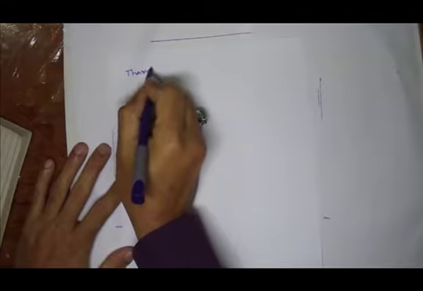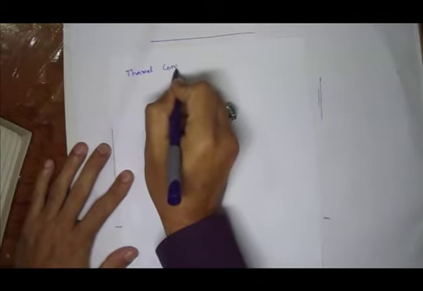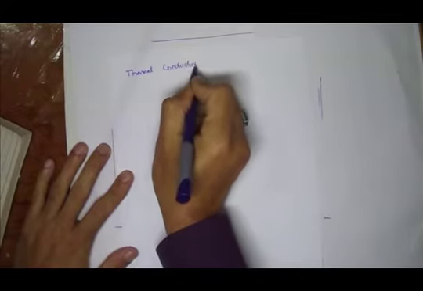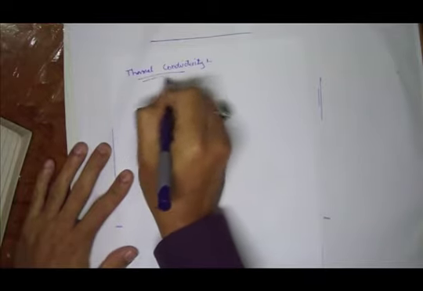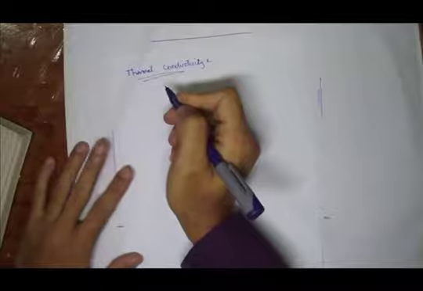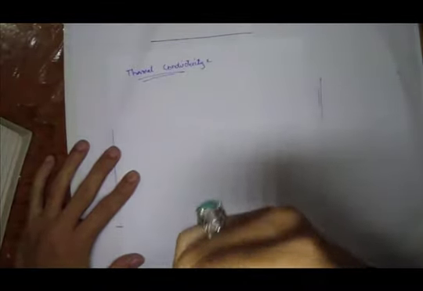The next definition is thermal conductivity. Thermal conductivity is actually the ability of an object to conduct heat energy.